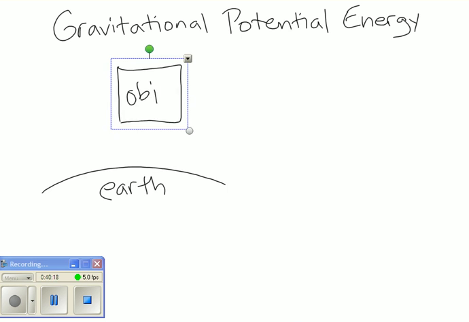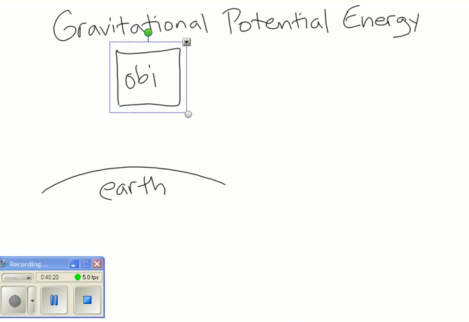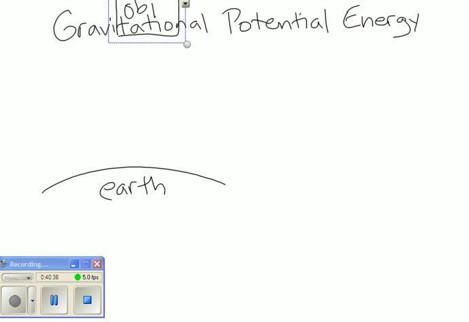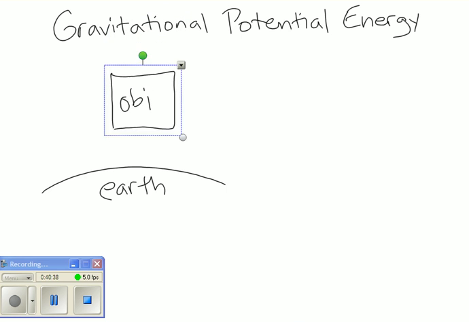If you separate the Earth and that object, they have the potential, they're going to pull on each other and you could smash some chalk as a result. This is what it looks like if you're increasing gravitational potential energy. This is what it looks like if it's decreasing.